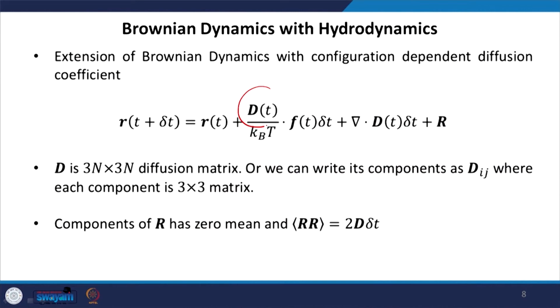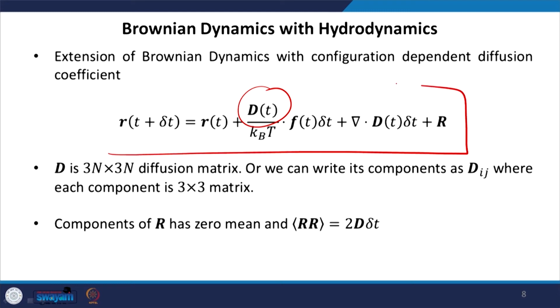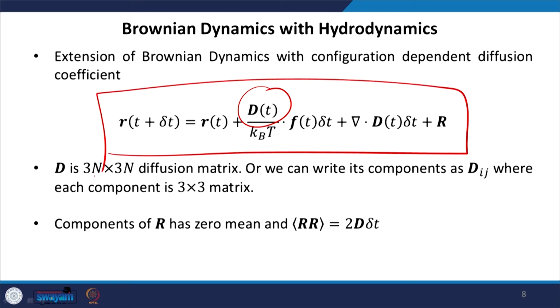So, in these cases, one way to include that is to have a notion of a diffusion matrix that somehow accounts for the hydrodynamics of the fluid, and we modify the equation of motion. Now, I am writing the numerical equation that we solve instead of the actual equation of motion, where the position of a particle is updated according to this rule, where we have a diffusion matrix as opposed to the diffusion coefficient in the earlier equation.